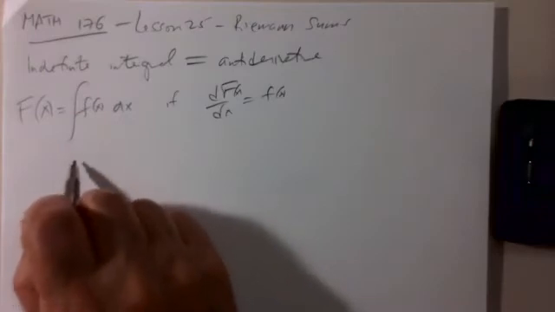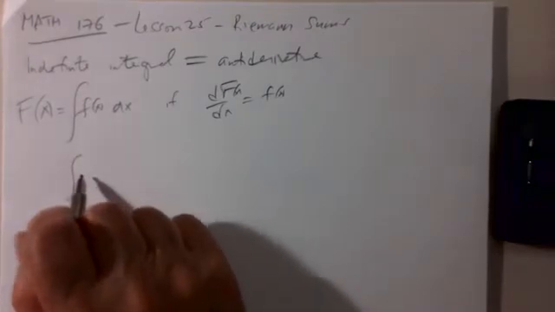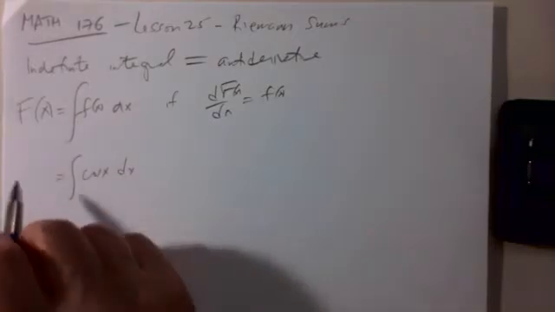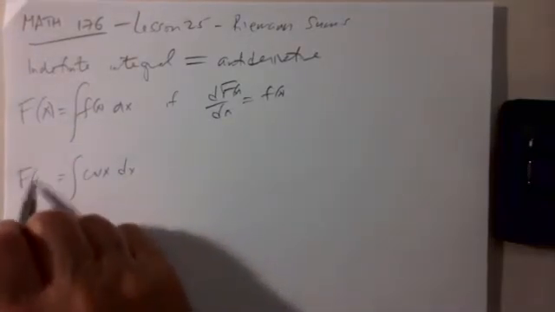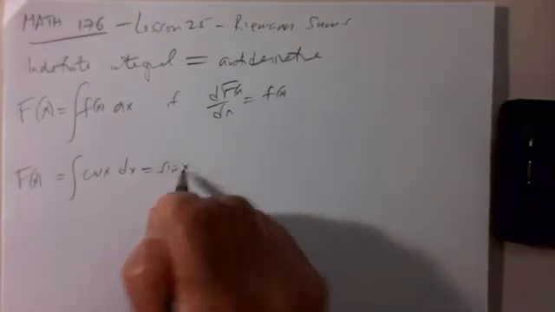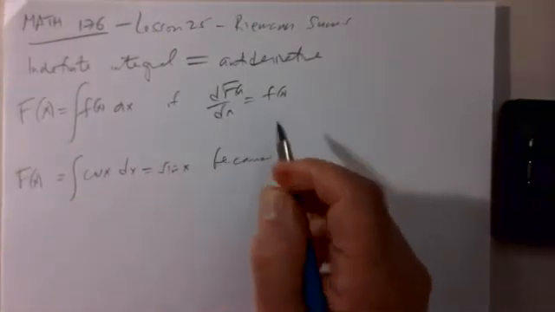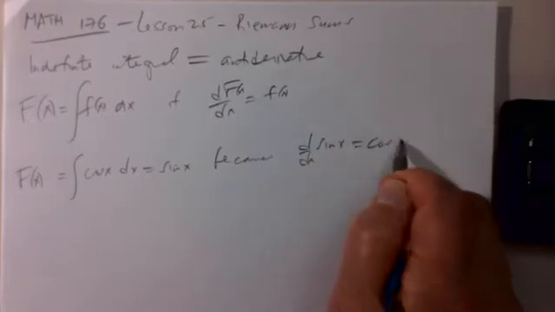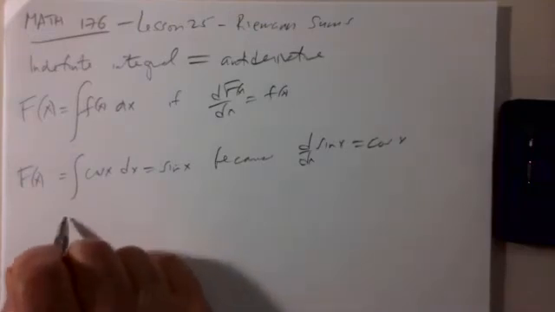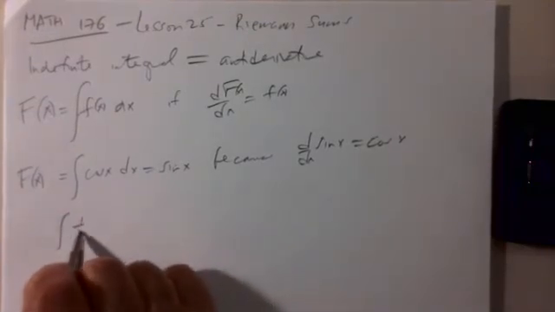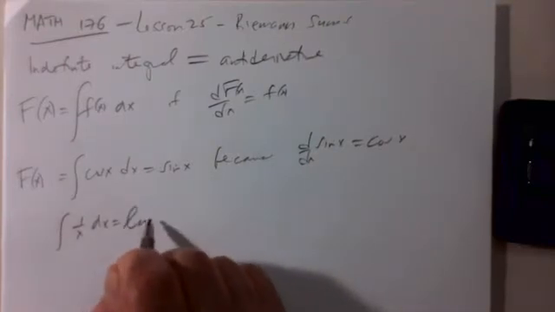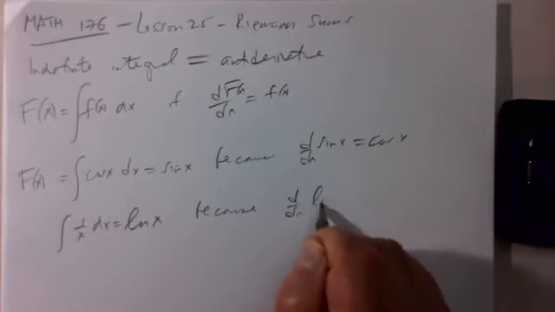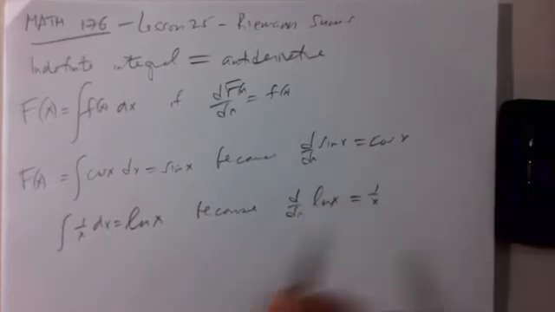So for example, if we want to find the indefinite integral of the cosine of x dx, what is that? Well, that is the sine of x. Because if you differentiate the sine, you get the cosine. The indefinite integral of 1 over x dx is log x, because the derivative of log x is equal to 1 over x.